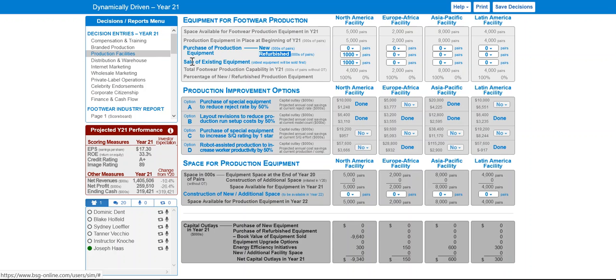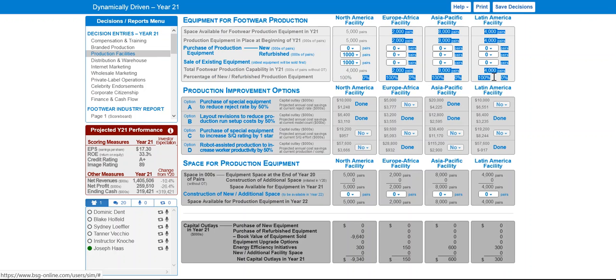1,000 of our equipment. And how this works is it sells the oldest equipment first. So it was selling all of the refurbished equipment that we had purchased. In fact, it would actually tell you right down here percentage of new versus refurbished. So over here it would say like 10% new, 90% refurbished.